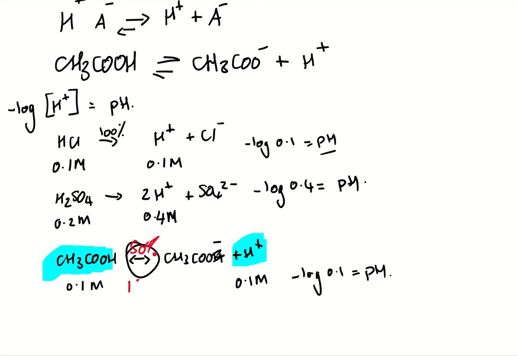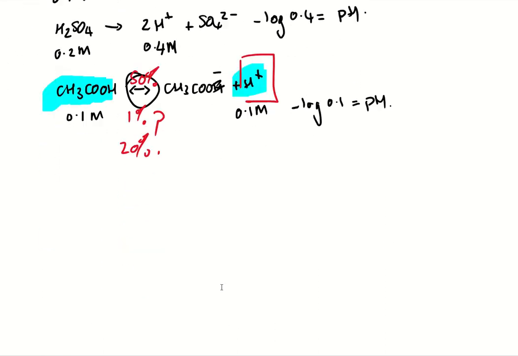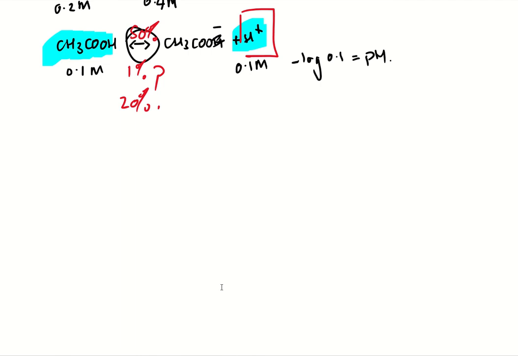Does it ionize 1%? Does it ionize 20%? We don't know the answer to that, so we've got to get it in order to get the concentration of the hydrogen ions in the weak acid, and therefore take minus the log of that value to get the pH. So it's a whole different approach calculating the pH of weak acids compared to our strong acids. Strong acids are very easy to do.